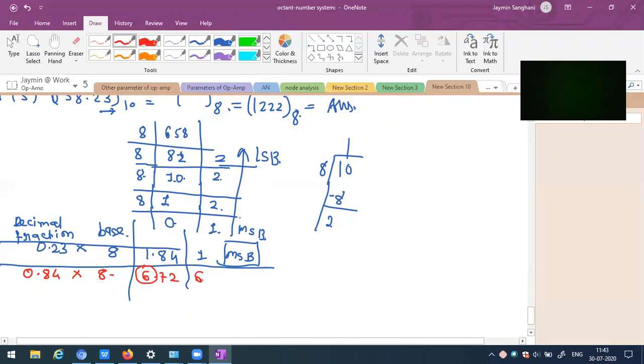See this, here 6. So now 0.72 multiplied with 8 is 5.76. So now it is known as 5.